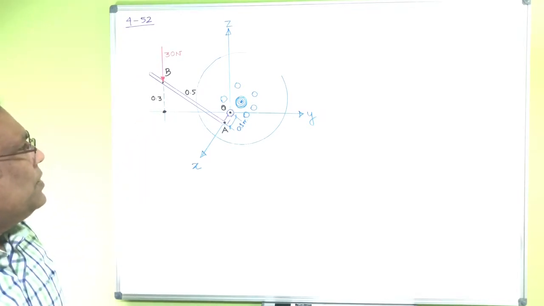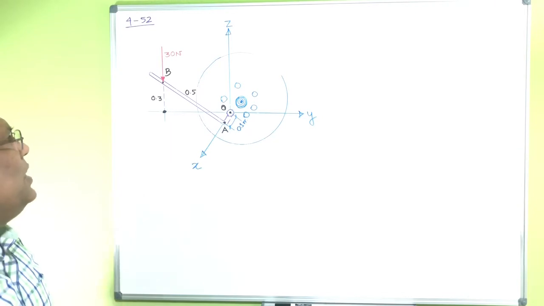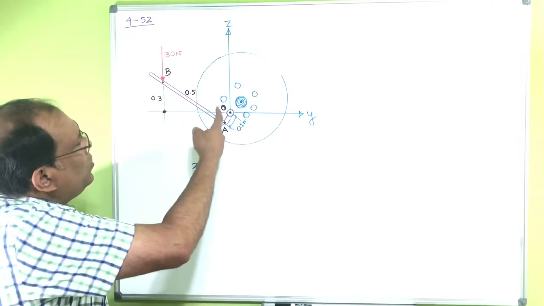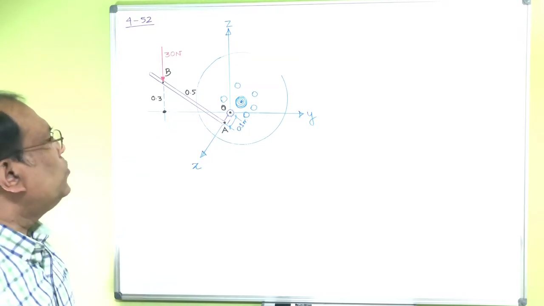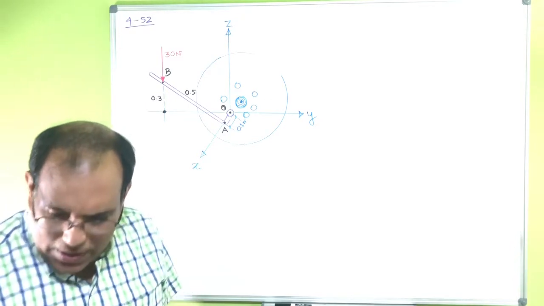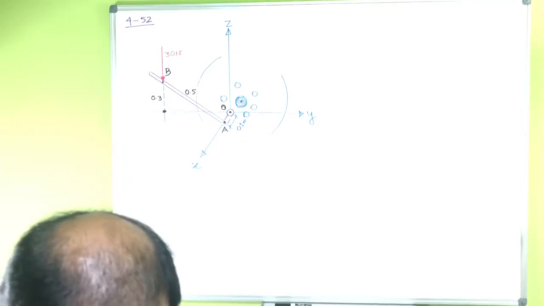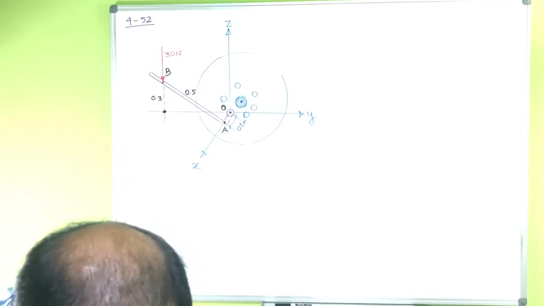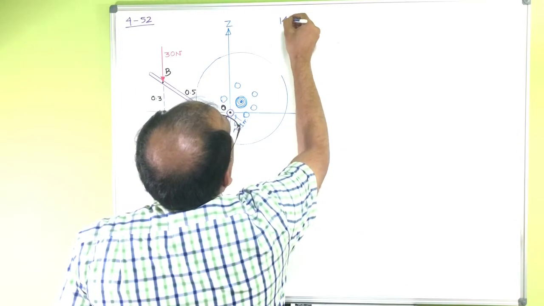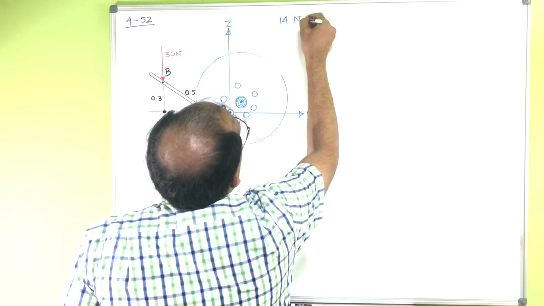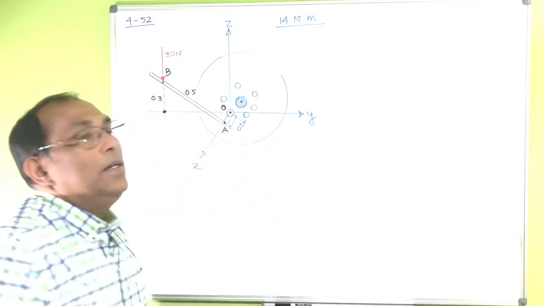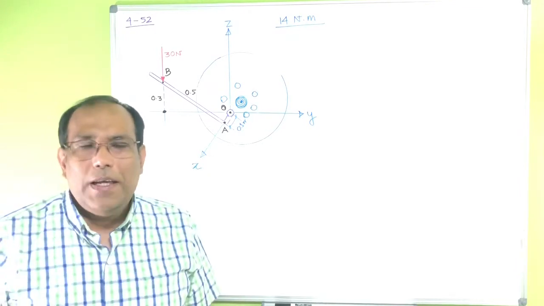Now this one is asking whether you can produce enough torque to turn this nut. Okay, so they are asking whether you can create 14 Newton meter, you need 14 Newton meter to move that one loose, okay?